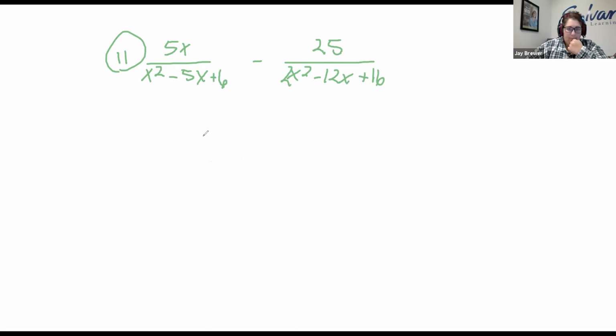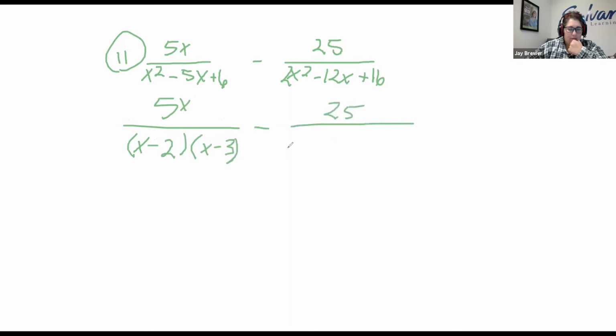All right, so our denominators end up working out to be x minus 2 and x minus 3. And then we pull out a 2 and we get x minus 4 and x minus 2. So what do you know your LCD is going to be?